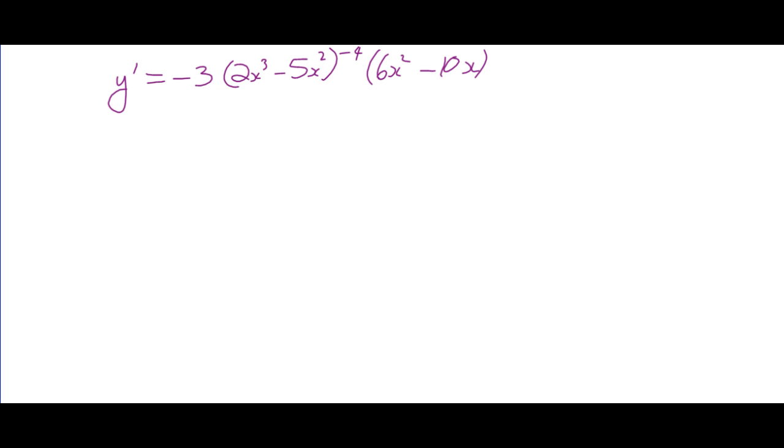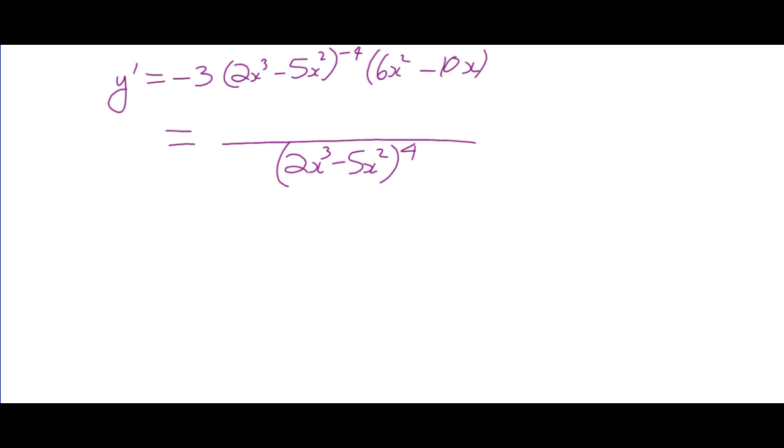Okay, so the 2x cubed minus 5x squared to the negative 4 is going to go into the denominator, and we'll change that to a positive 4. Then what will that leave us with? Okay, so let's put the 2x cubed minus 5x squared to the positive 4. Yeah, then you multiply by 3.